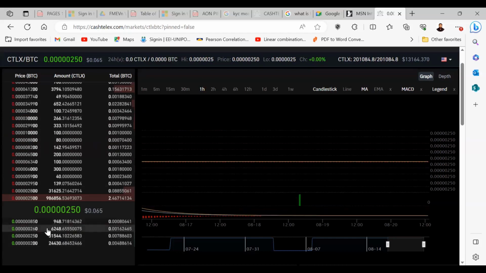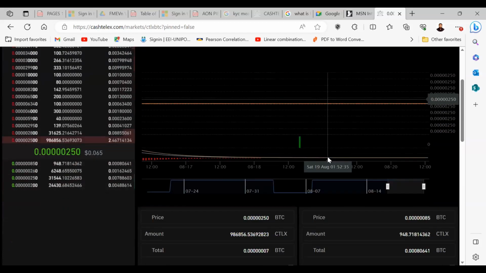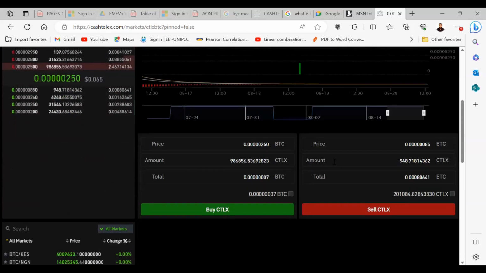The same thing is applicable to these other holders. So now, if you want to buy and sell, these are the areas where you see Buy CTLX. It means you can place your order to buy, while this one is sell.